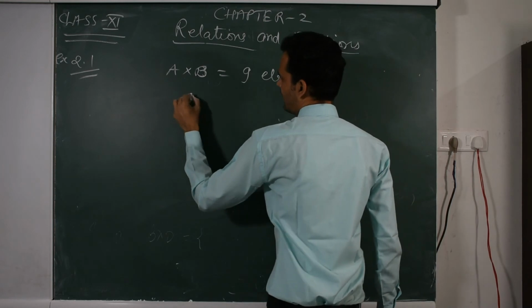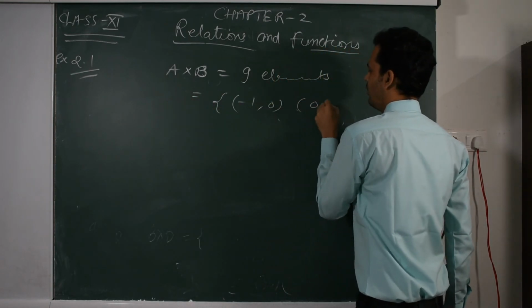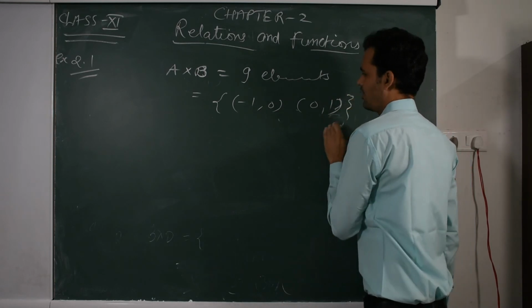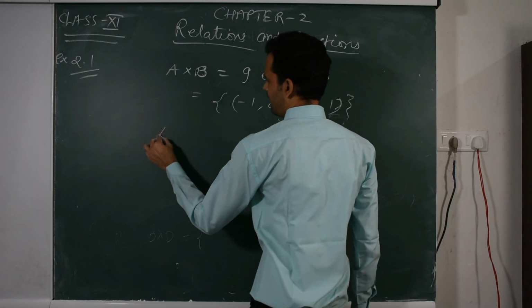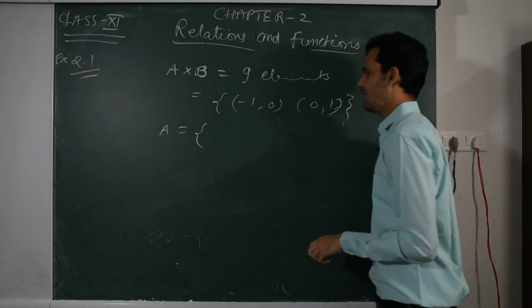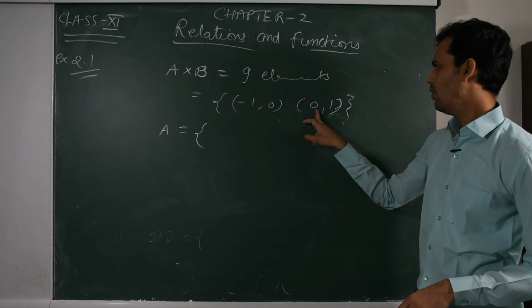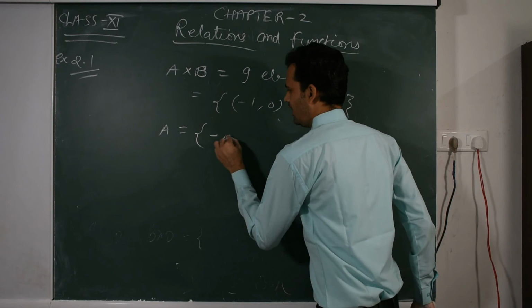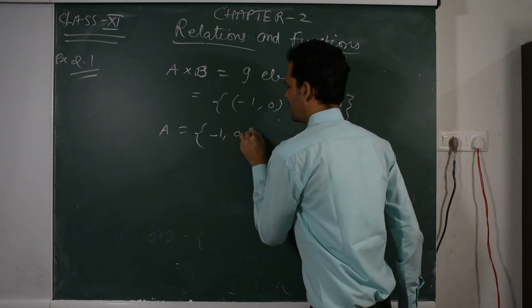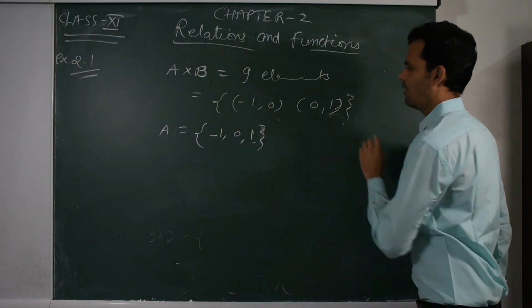Out of this, 2 elements are given, (-1,0) and (0,1). So find the elements of set A. There are 3 elements in set A: -1, 0 and 1.